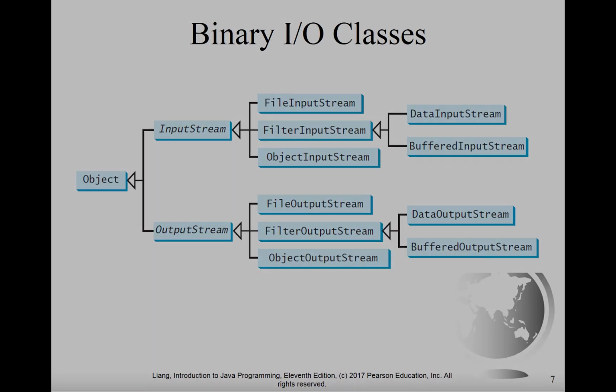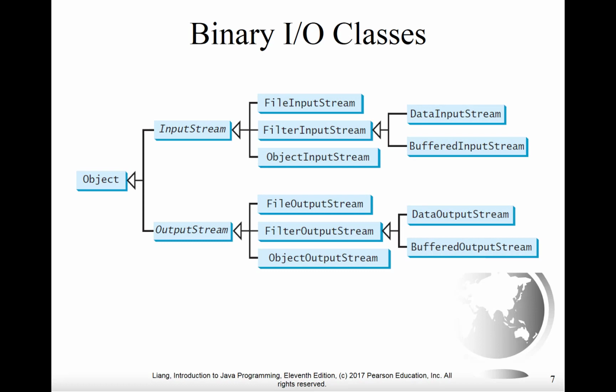Of course, even in this chapter at the very end of the course, we're still depending very highly on understanding objects. Here you see the inheritance diagram for all the classes that are going to be important for us when we're doing binary I/O. From the object class, we inherit input stream and output stream.